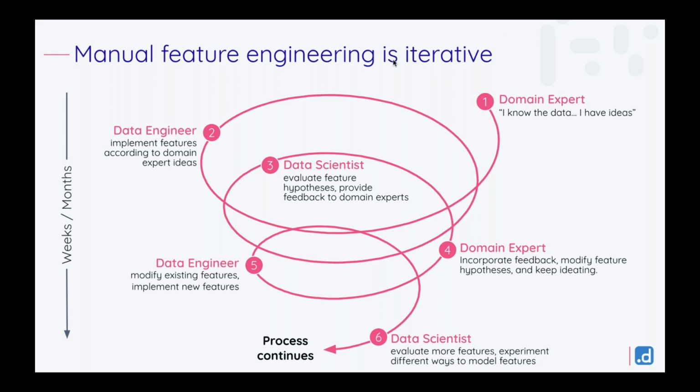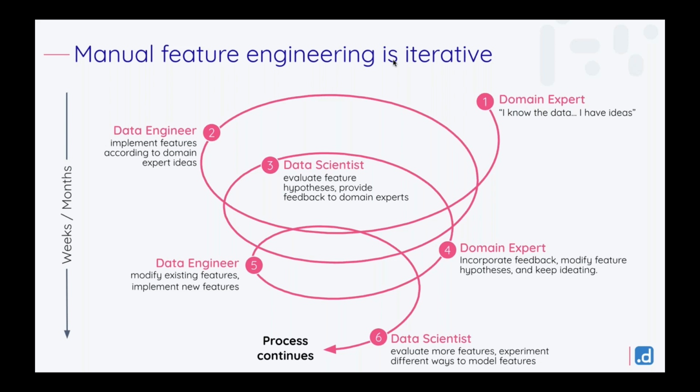Data engineers will implement those ideas, building a lot of SQLs, and then turn them into features, put them into some feature mart or some kind of data warehouse. And then they give these features to data scientists. It is the data scientists' responsibility to evaluate these features, to test their statistical performance, test their robustness, and maybe even build some preliminary machine learning models.